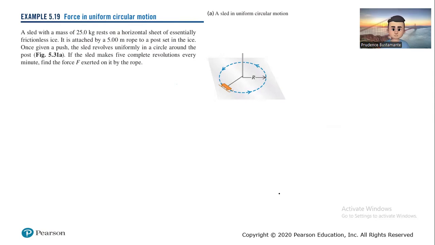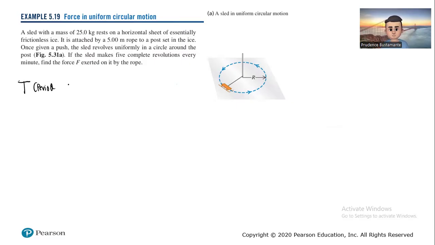Once you give it a push, the sled revolves uniformly in a circle around the post. If the sled makes 5 complete revolutions every minute, find the force F exerted on it by the rope.